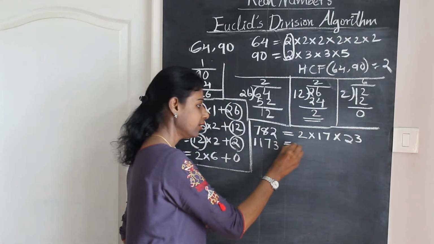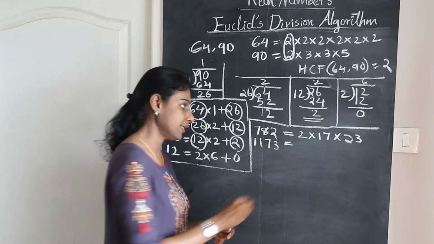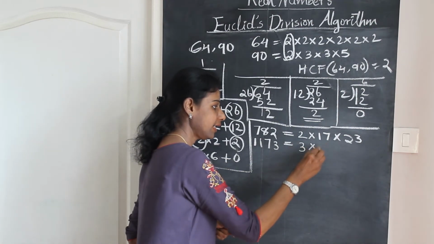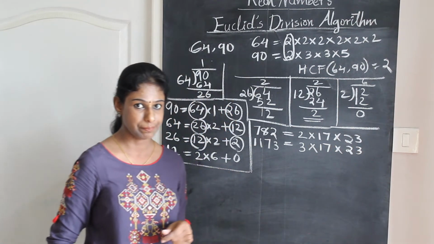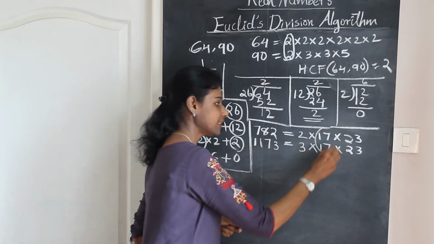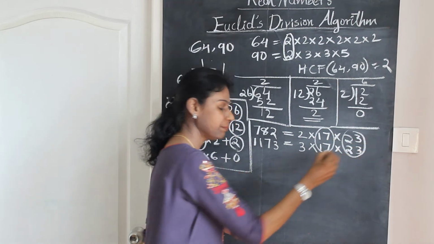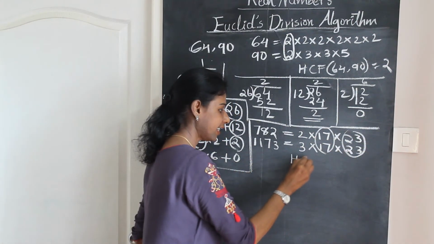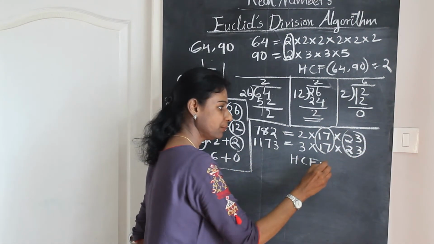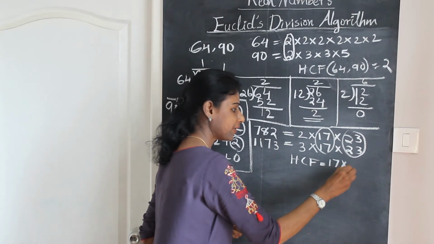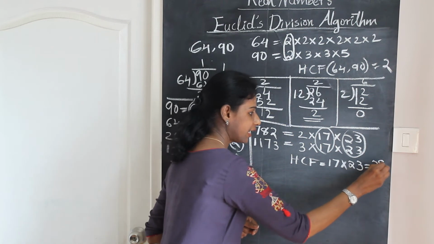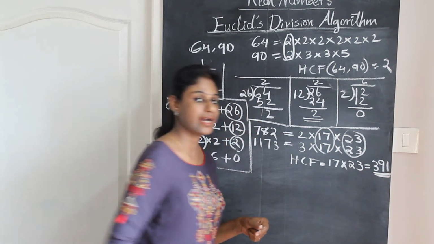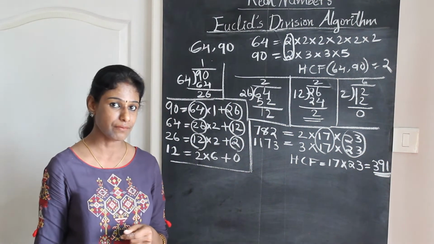And if you go for 1173, the factors are 3, 17 and 23. So the common factors are 17 and 23. So the HCF is equal to 17 multiplied by 23, which is equal to 391. 391 is the HCF of the numbers.